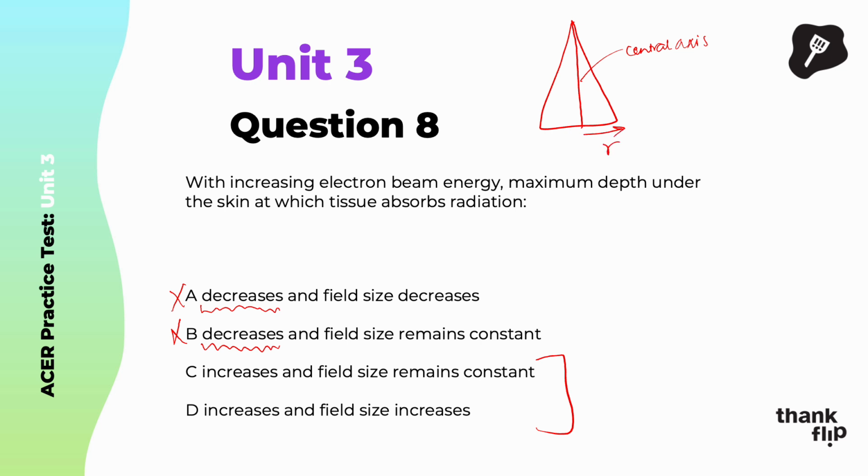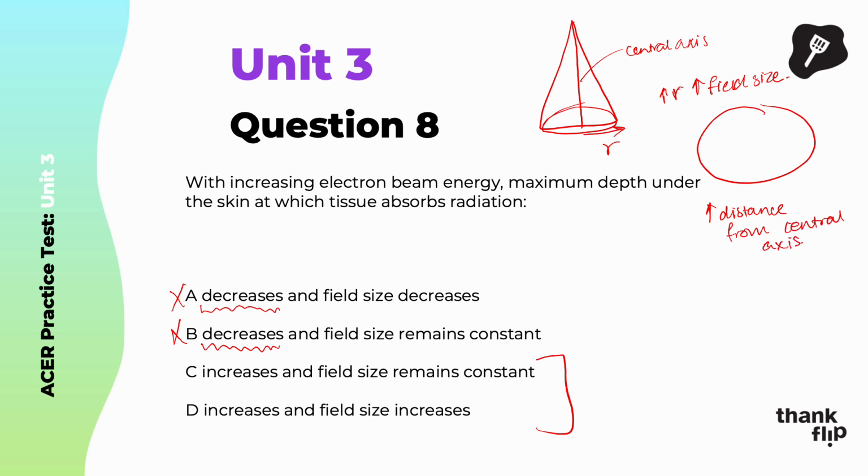And so an increasing radius is going to mean increasing field size, okay? And increasing radius is denoted basically in these graphs with distance from, because this is a circle, from central axis.